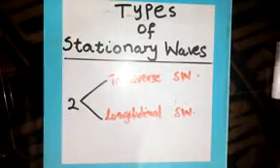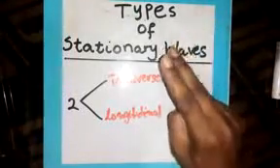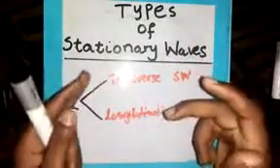Now, what are the transverse waves? Remember, for a stationary wave to be formed, we need two progressive waves which are moving in opposite directions. If one is moving from left to right, the other must move from right to left. But they must have the same wavelength, the same speed, the same amplitude.